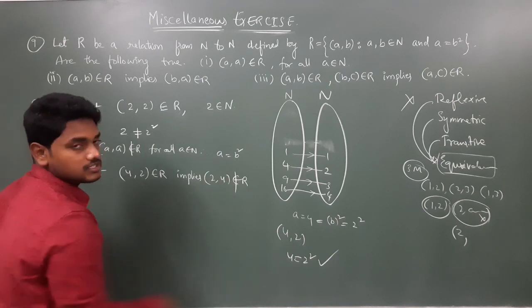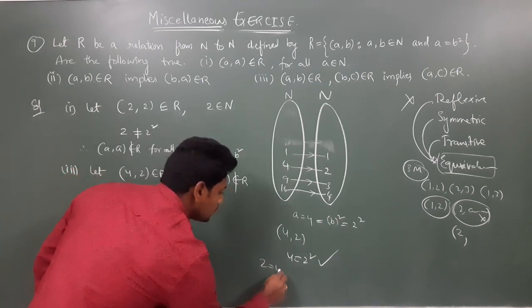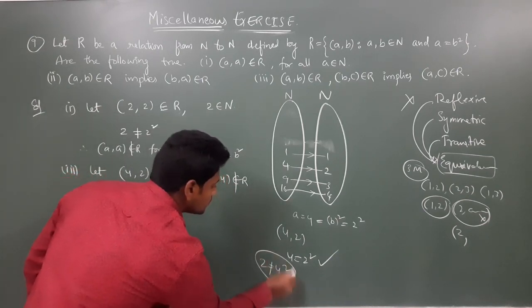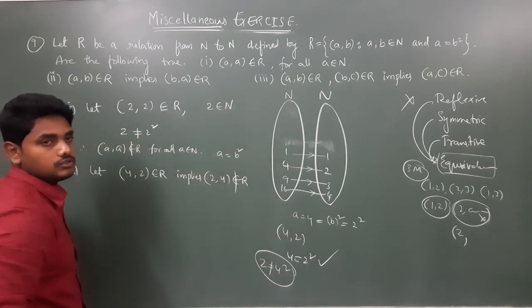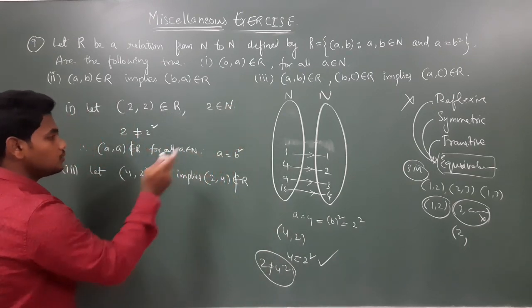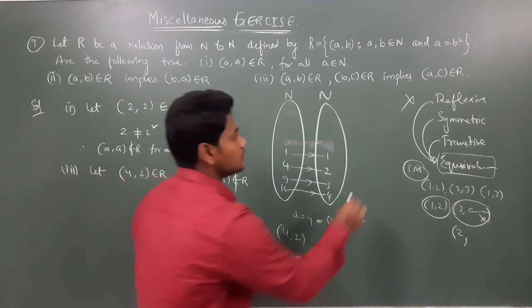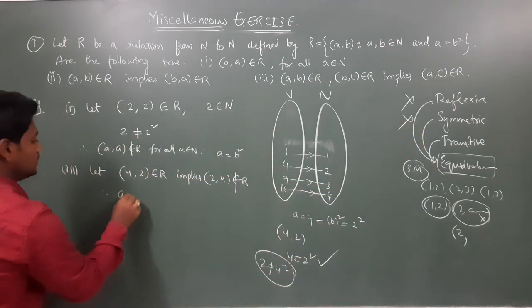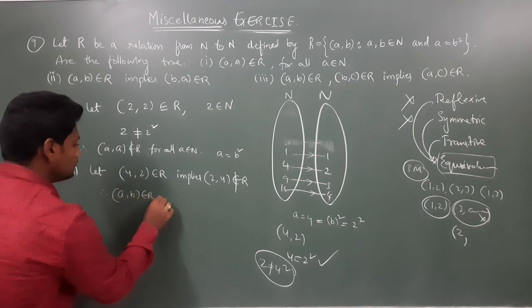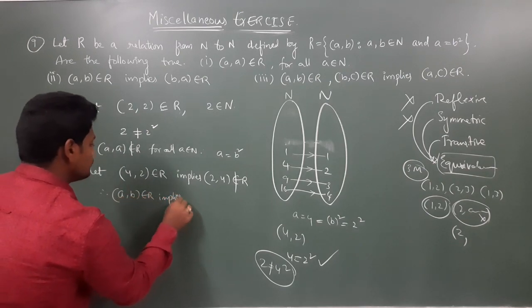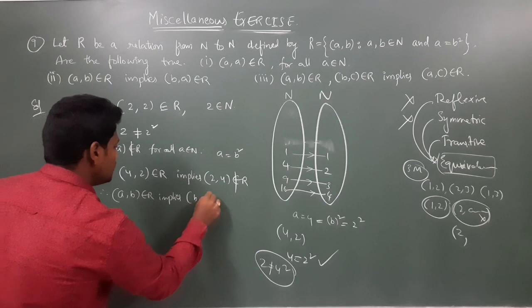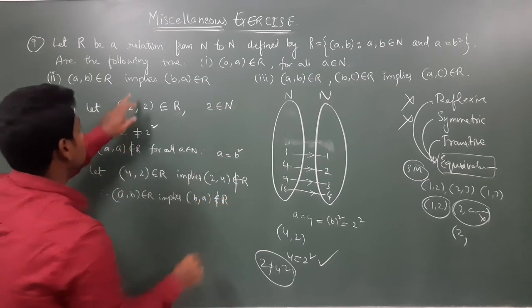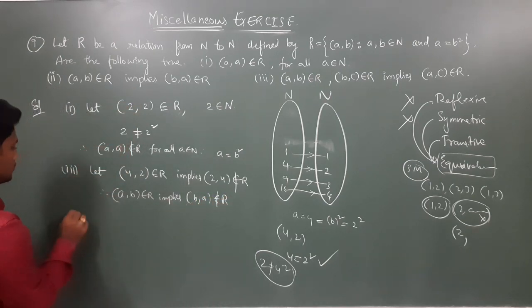But (2, 4) does not belong to R because 2 is not equal to 4 square according to that condition. So it is not symmetric. Therefore (a, b) belongs to R does not imply (b, a) belongs to R.